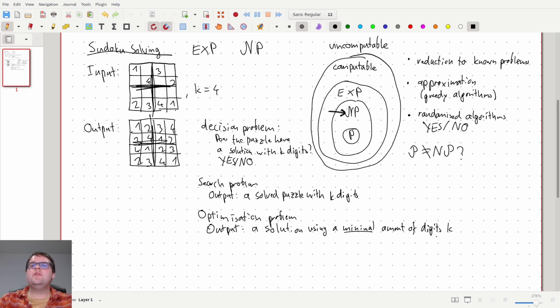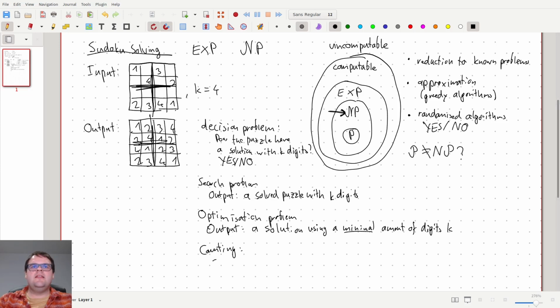For optimization problems, there's some number you either want to minimize or maximize. So there's a number you want to optimize. In this case, for example, you could say, we want to have as few digits as possible. So then k would no longer be in your input, but you would have a solution that minimizes the amount of digits needed, right?